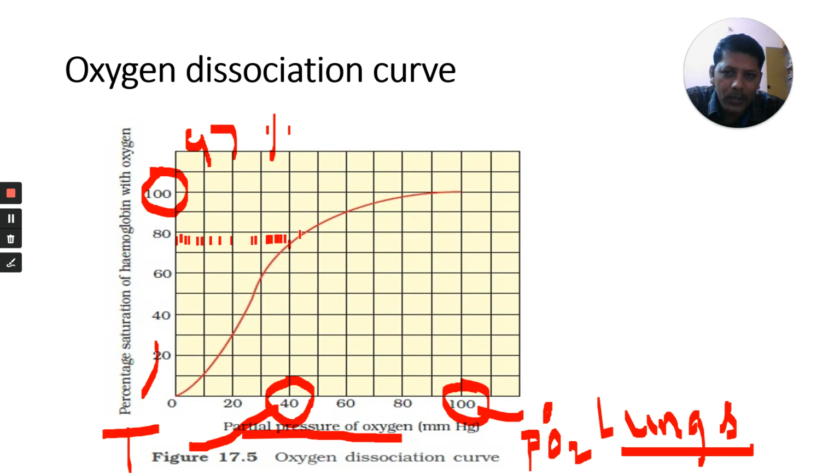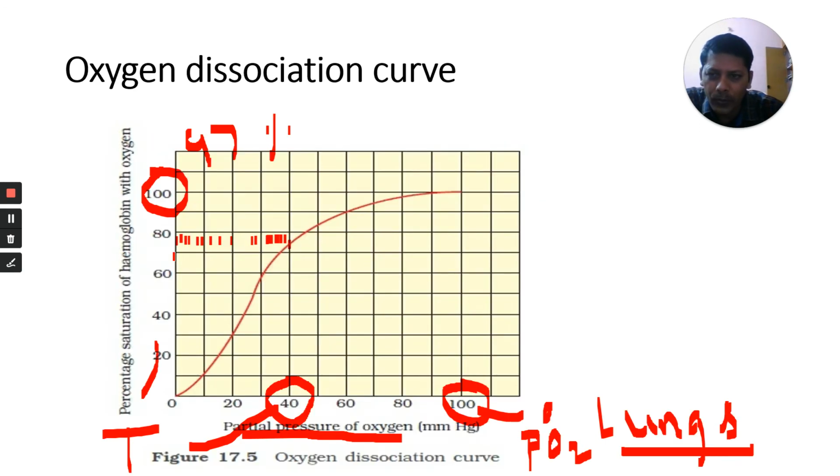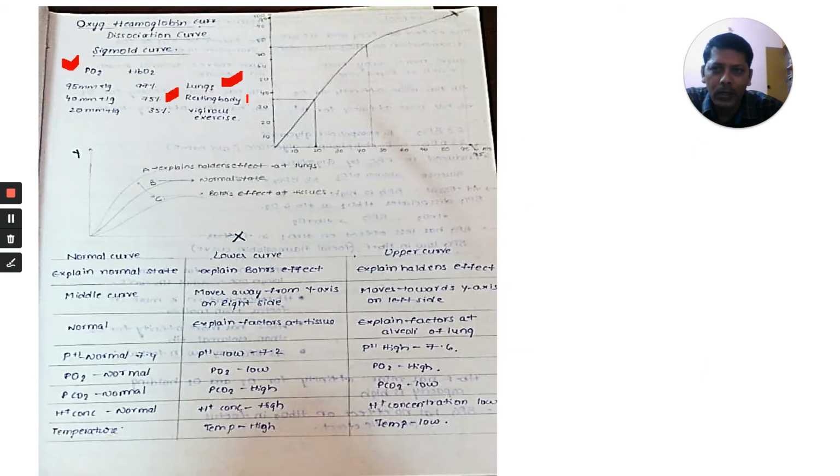The percentage saturation is decreased, it is 75. It is when your body is at rest, in the tissues, the partial pressure of oxygen is 40 and the percentage saturation is 75%.